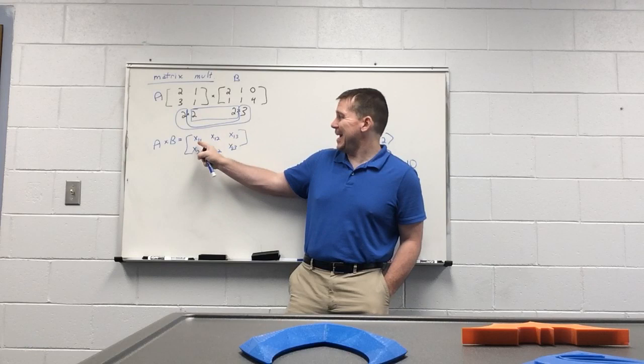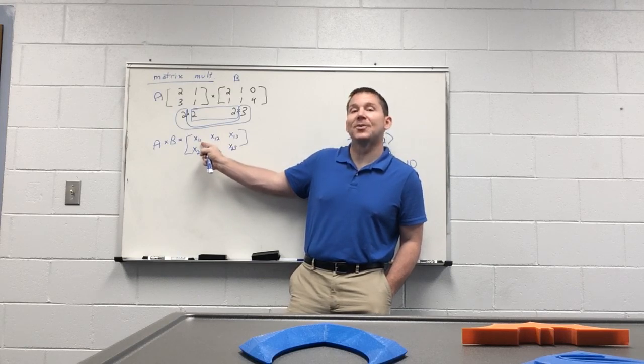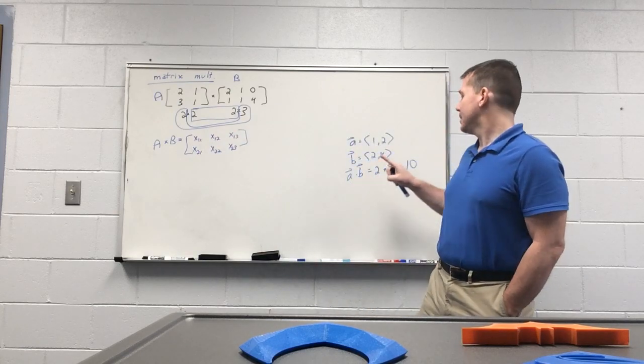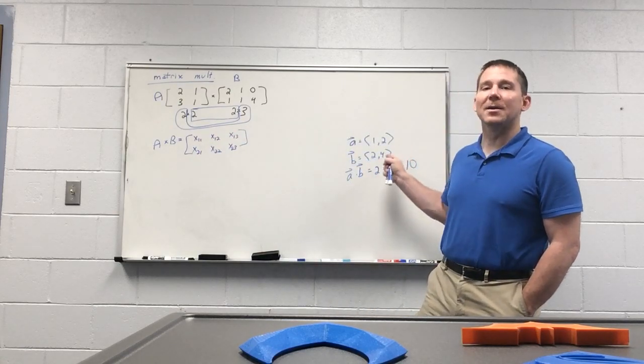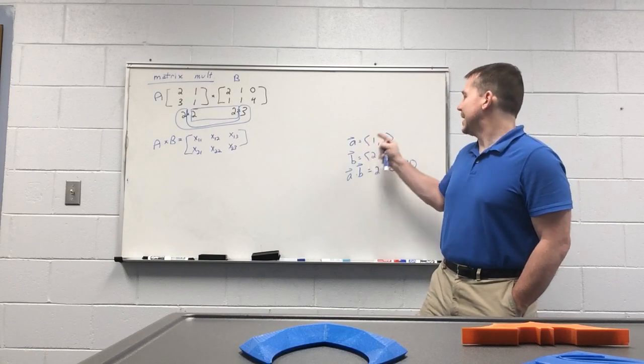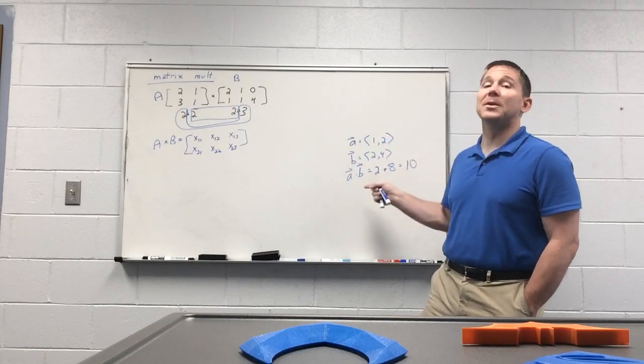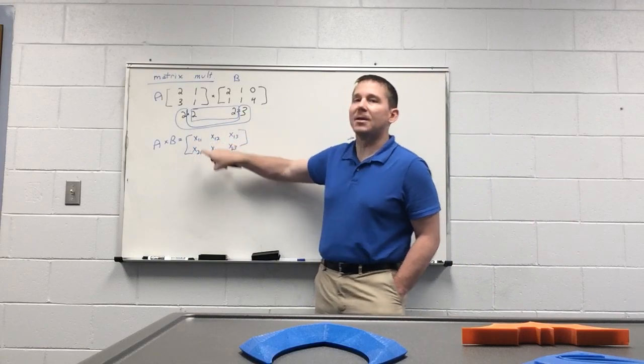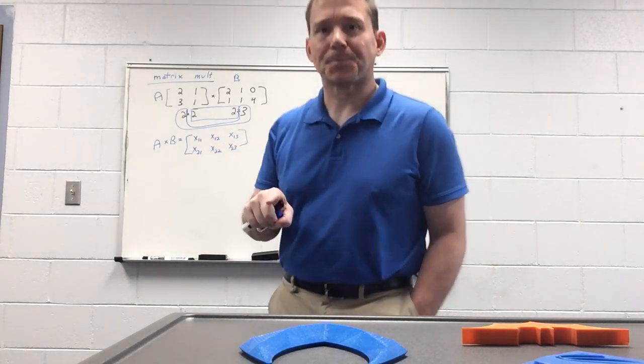How I actually get it is by taking the first row of the first matrix and multiplying it by the first column of the second matrix. And then I essentially apply my dot product idea over here. Instead of vector times vector component-wise and add, I do row by column component-wise and add.